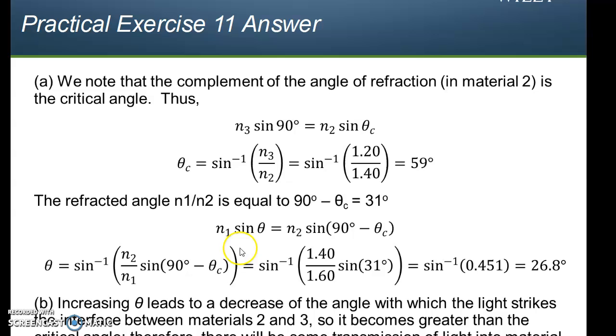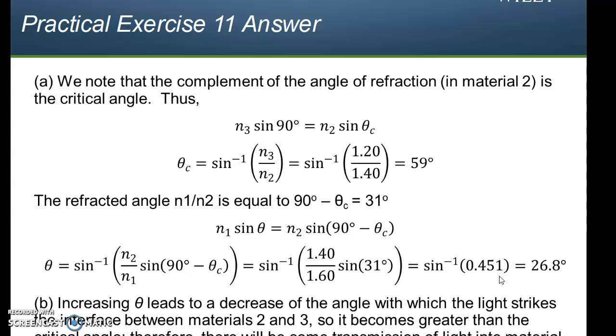Okay? So N1 sine theta equals N2 sine of 90 minus the critical angle gives you this sort of relationship for what this angle is going to be right here, right? So that is just the inverse sine of 0.451, or it works out to be 26.8 degrees.